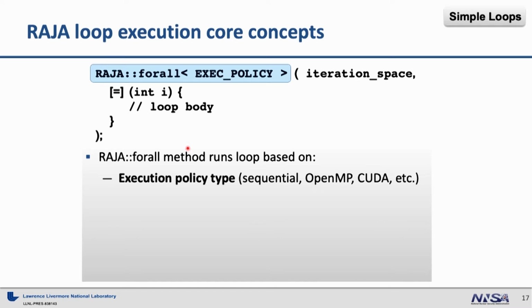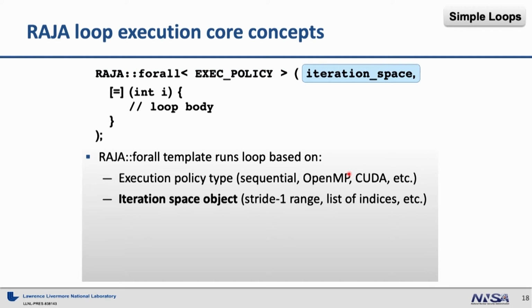The forall over an execution policy can be run on basically any substrate that we provide. So we have CUDA GPUs. You can run it on the CPU with OpenMP. You can even run OpenMP target, which is OpenMP on the GPU. We have HIP. We have a SYCL backend. That's all I can think of right now.